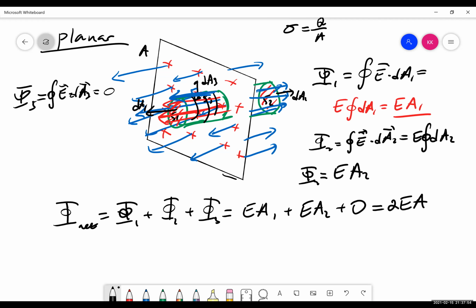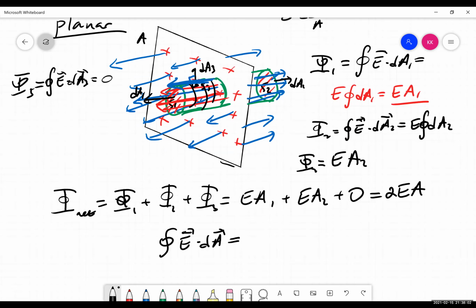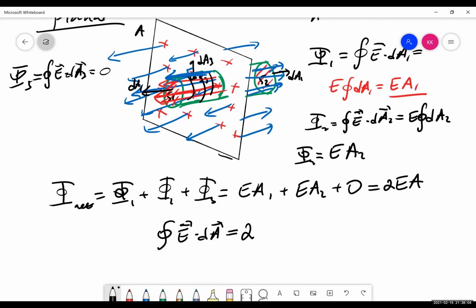All right, so the left side of Gauss's law, where flux is in terms of E dot dA, this is the net. So we got this in terms of 2EA. The right side of Gauss's law is Q in over epsilon naught. Now, what is Q in? Well, Q in over that surface area A, you remember, is equal to the surface charge density.